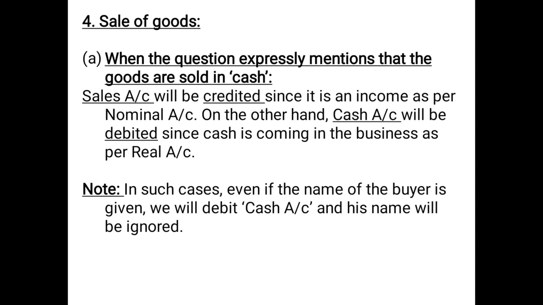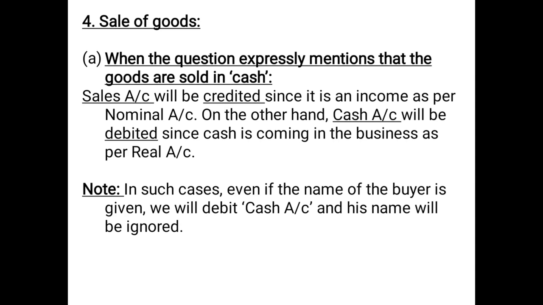So here in case A, we are talking about when the goods are sold in cash, when the question expressly mentions that the goods are sold in cash. So what will be the effect of this transaction? The effect will be that by selling the goods, cash is coming into the business. And cash being a real account, we remember the golden rule, debit what comes in.